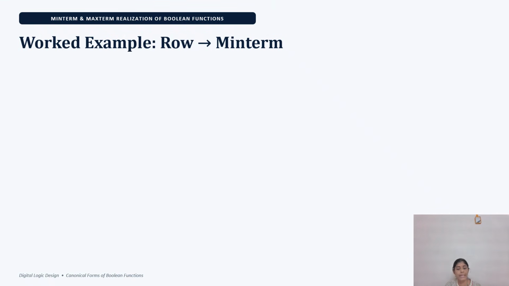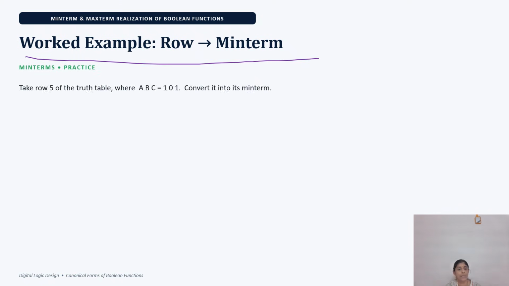Okay? We will see one worked example. Right? Row to Minterm. So Minterm for the practice. Take row 5 of the truth table. Right? So 5 in the sense, what is it for ABC? 101. Convert it into Minterm. You already know. B is equal to 0 here.